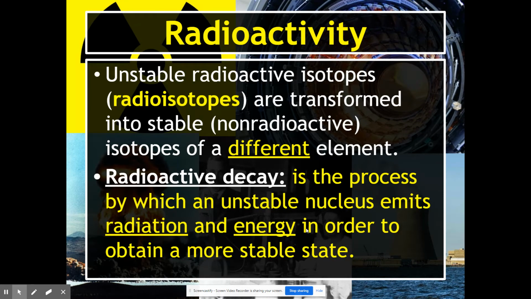Unstable radioactive isotopes are called radioisotopes, and are transformed into stable non-radioactive isotopes of a completely different element. Radioactive decay is the process by which an unstable nucleus emits radiation and energy in order to obtain a more stable state.